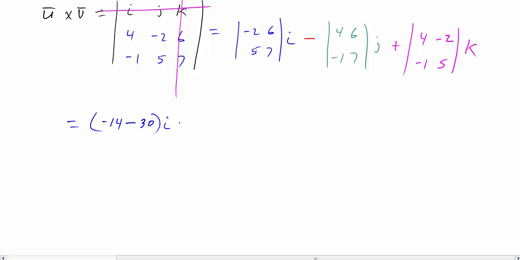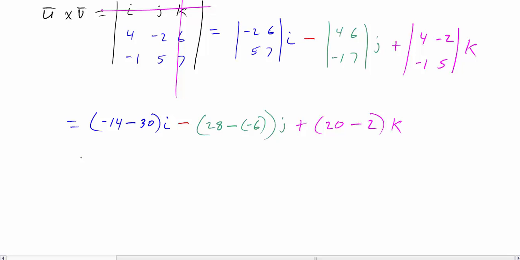And then this one is minus, and then we would have 4 times 7, which is 28, minus -1 times 6, which would be a -6. So be careful with the negative here because the formula is minus, and then we have a -6. So that's going to be times j. And then the last one, of course, 4 times 5, we would end up with 20 minus -1 times -2, which would be +2, and then that's times k.